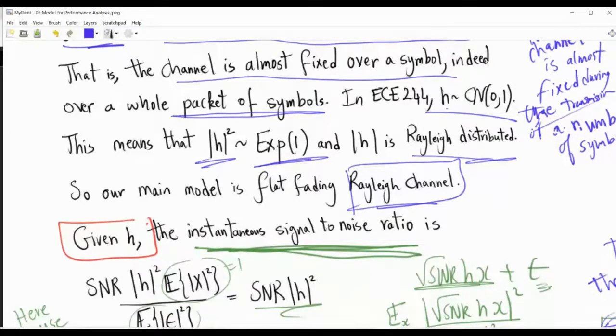Typically in this course we will either use the PDF of H itself, which is complex Gaussian, or the PDF of magnitude H squared, which is exponential 1. But the channel is called Rayleigh because the name is related to the magnitude of H. So this is our standard model in the course. If I do not say anything, then that's the default channel model.